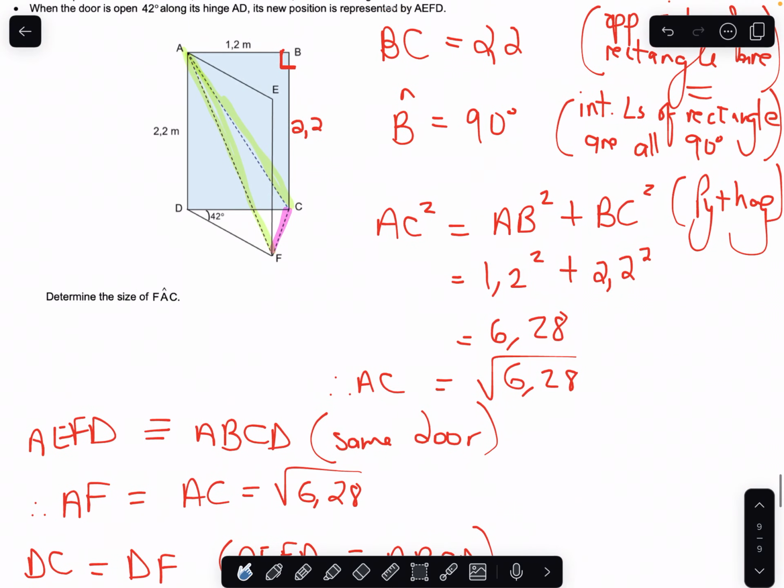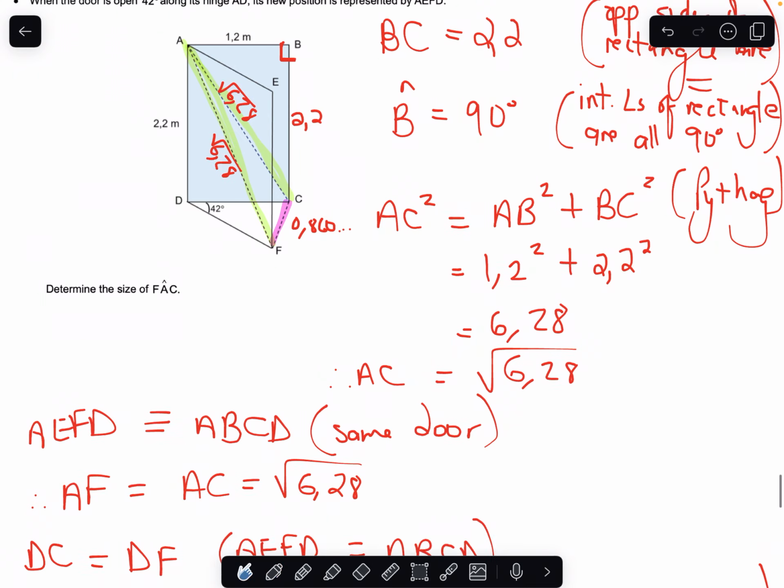So we now have the length of this, which is 0,860 blah blah blah, and over here we have the square root of 6,28 and ditto over here.